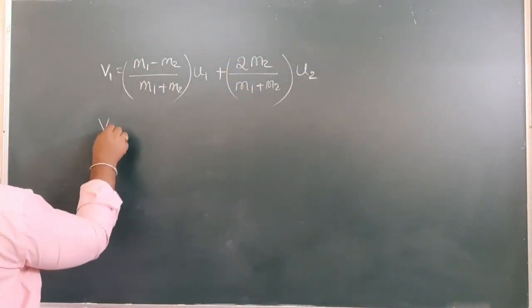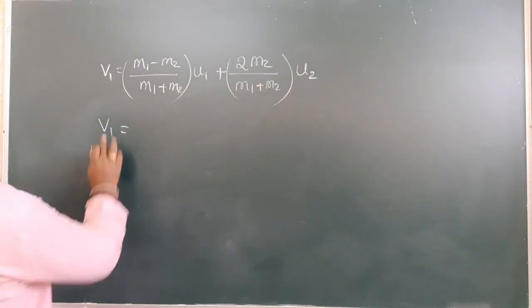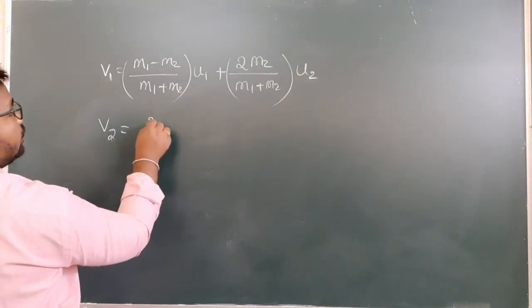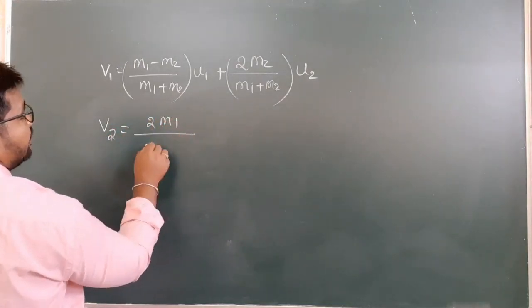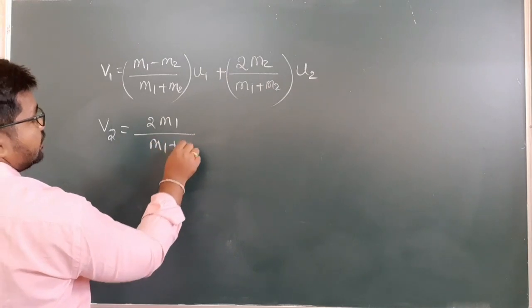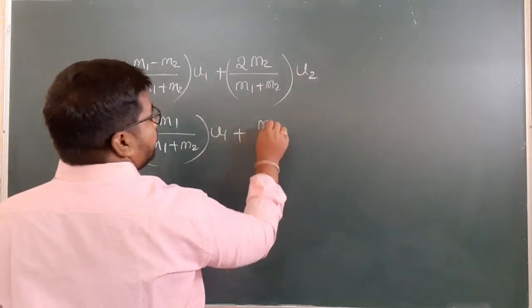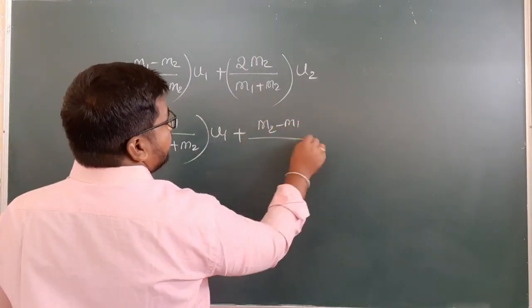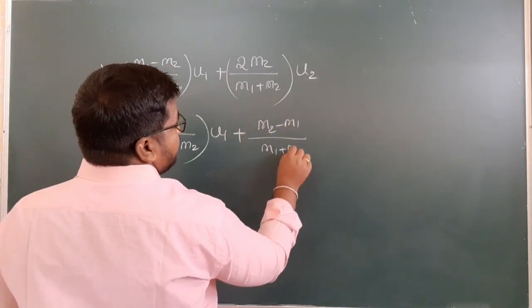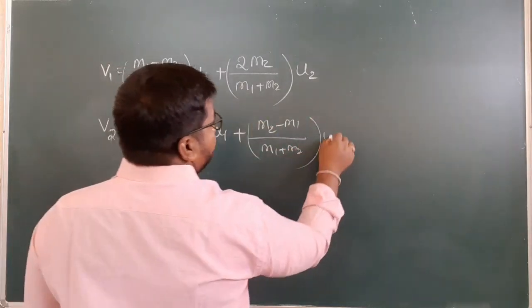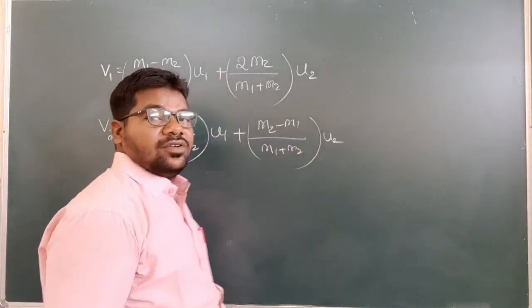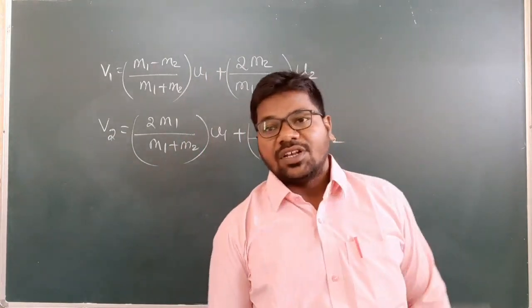Next, v2 is equal to 2m1 divided by (m1 plus m2) into u1 plus (m2 minus m1) divided by (m1 plus m2) into u2. These are the final equations of the derivation.